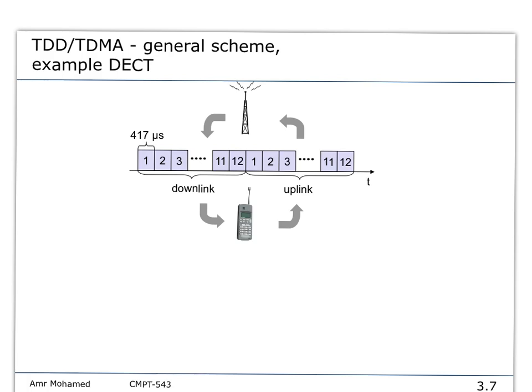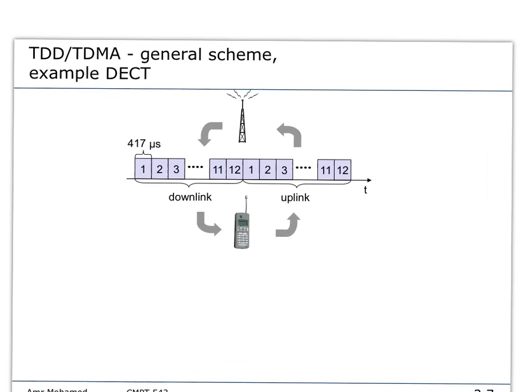In the time domain, the super frame is big, and it is divided first into two big slots, or two subframes, let's say. This is one subframe and this is one subframe, right?